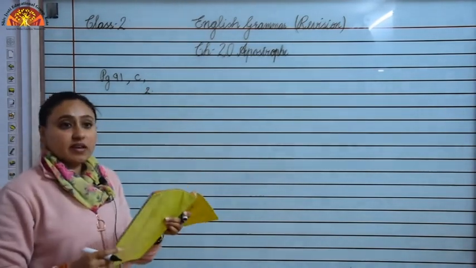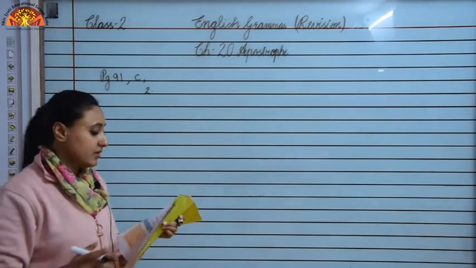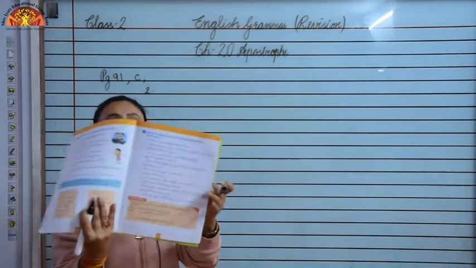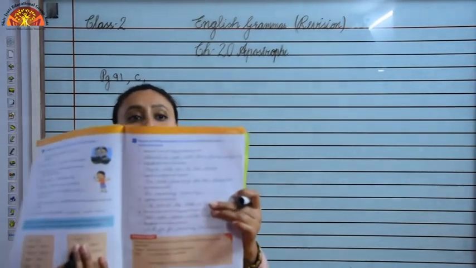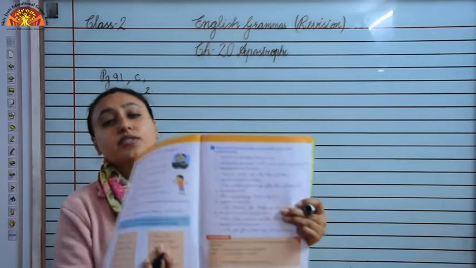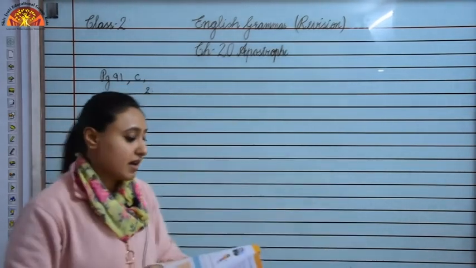They will take her to the doctor, okay? In this sentence, they will is underlined. Look over here, they will take her to the doctor. They will is underlined.